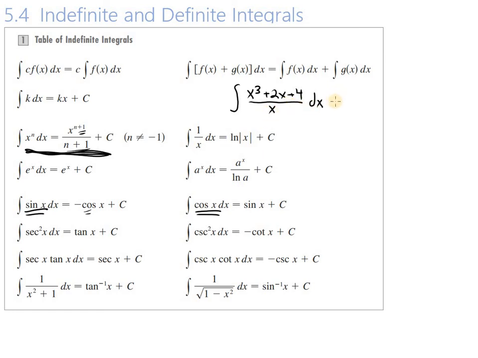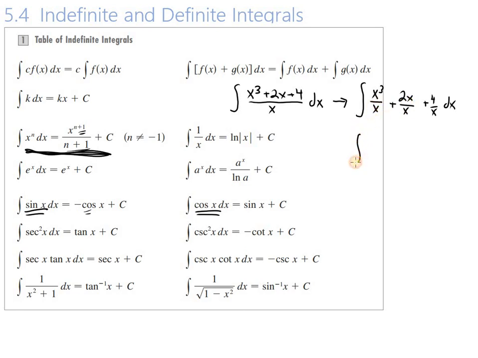So first of all, we'll work on transforming the integral. Keep in mind you can split this apart into 3 separate fractions, and 4 over x dx. And 2 of these fractions, at least, I'm going to simplify a little bit.